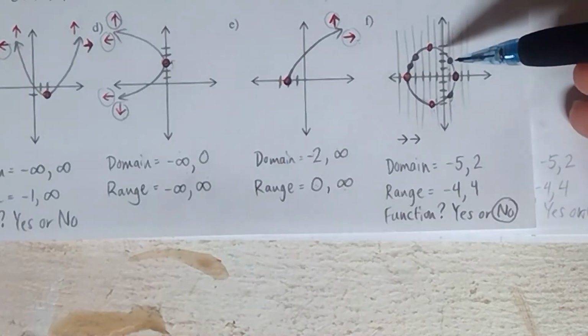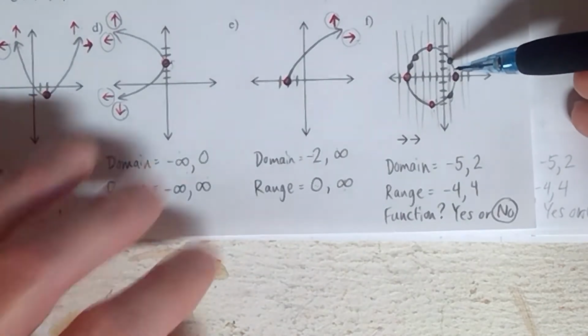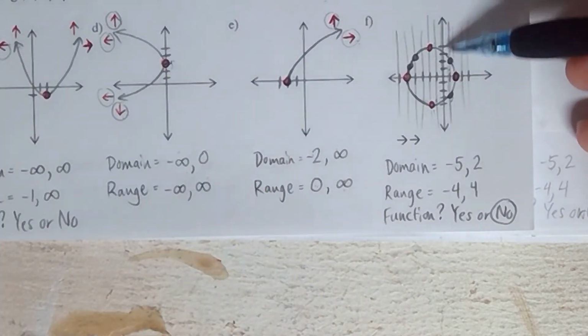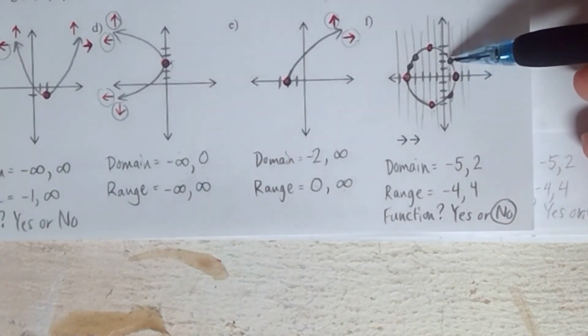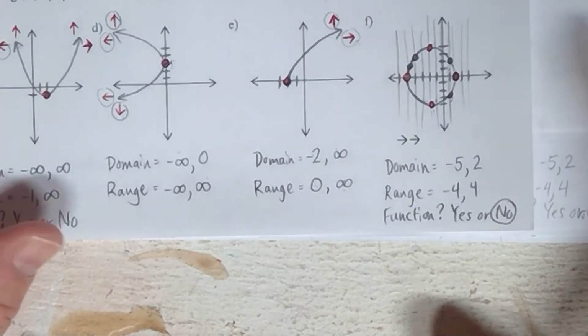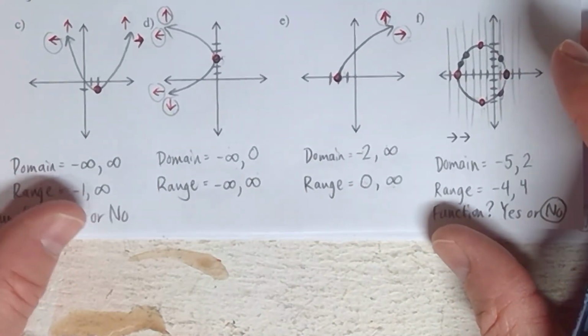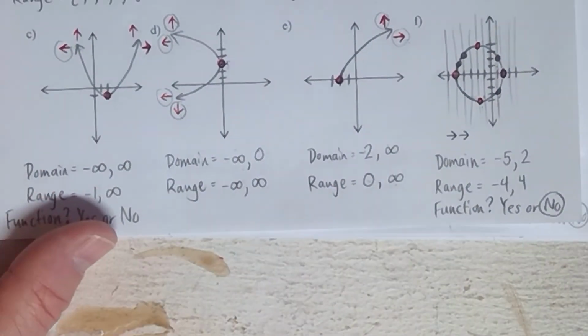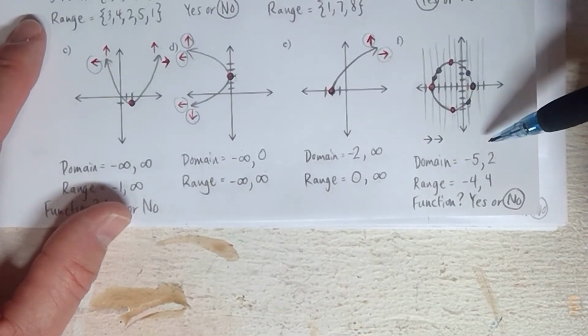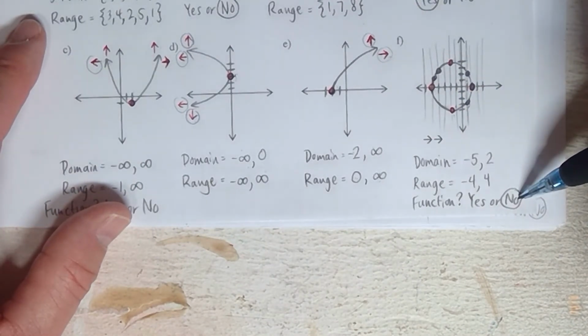It could have hit the graph even more than 2 times. But if it hits the graph more than once, then that means that there's more than one point with the same x value. And we know that you can't have that with a function. So the vertical line test says that if any vertical line hits the graph more than once, any of them at all, then you say no.